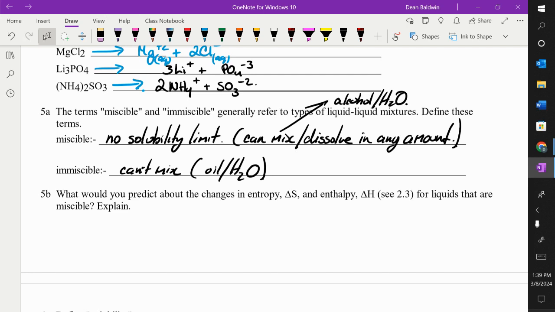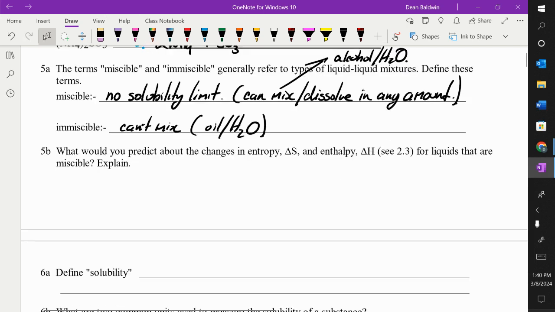Well, this question I did, didn't I? If we talk about miscible in terms of entropy and enthalpy, that means it's all mixing, right? So we're going from, let's just say water, that's an L, liquid, plus, if I write ETOH, does anybody know what that means?